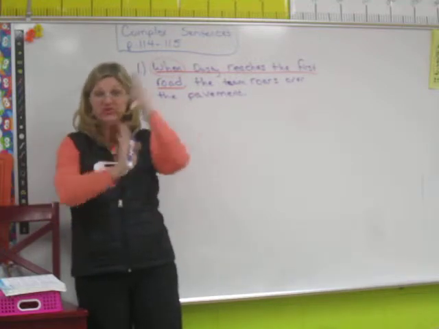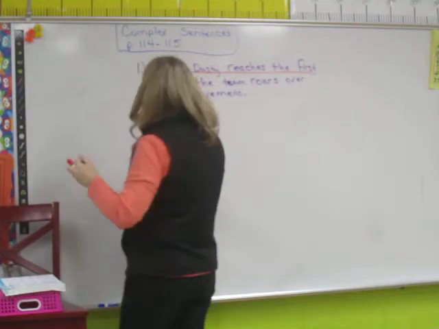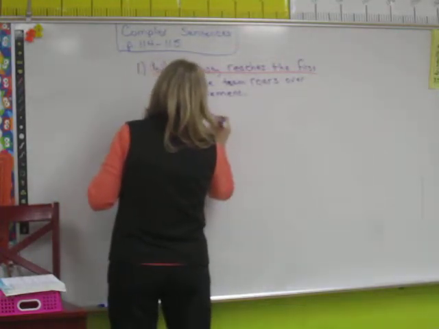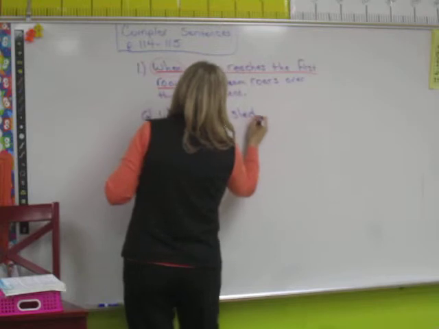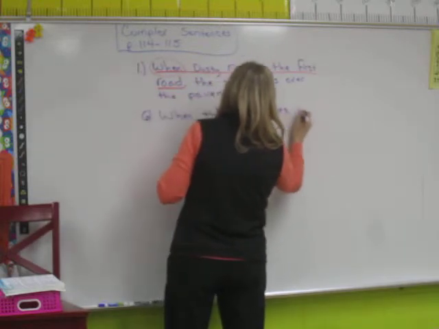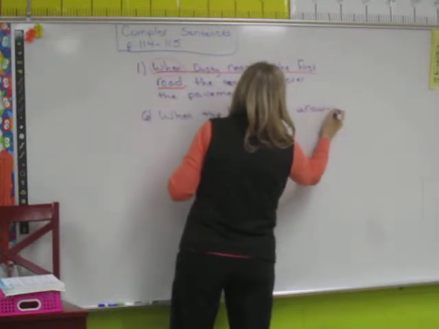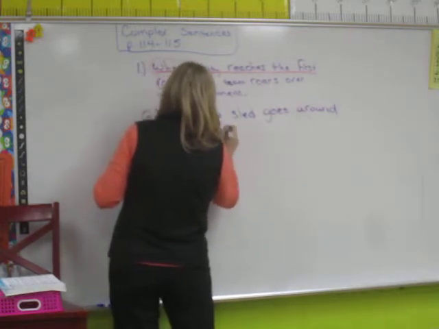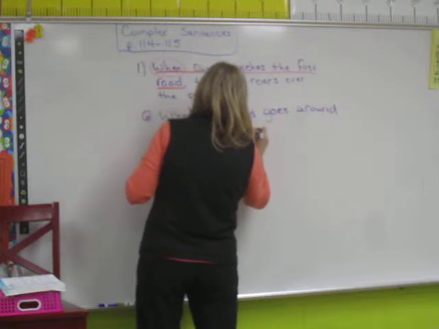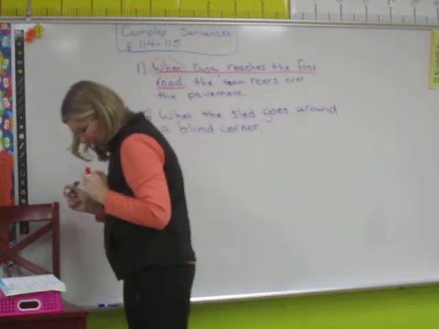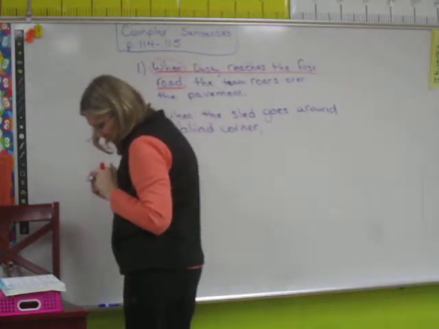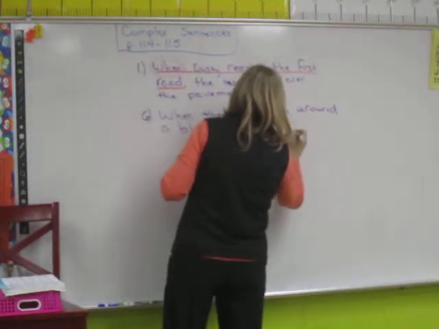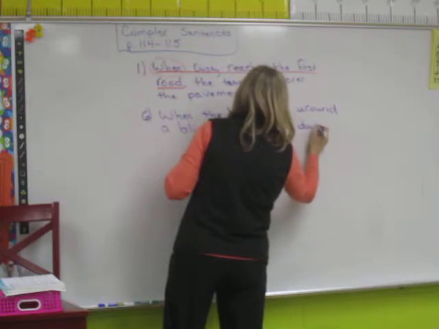So if we reverse that, we're going to say when the sled goes around a blind corner, and again, that is the dependent clause, so we're going to have a comma. The dogs run into 2 snowmobiles.